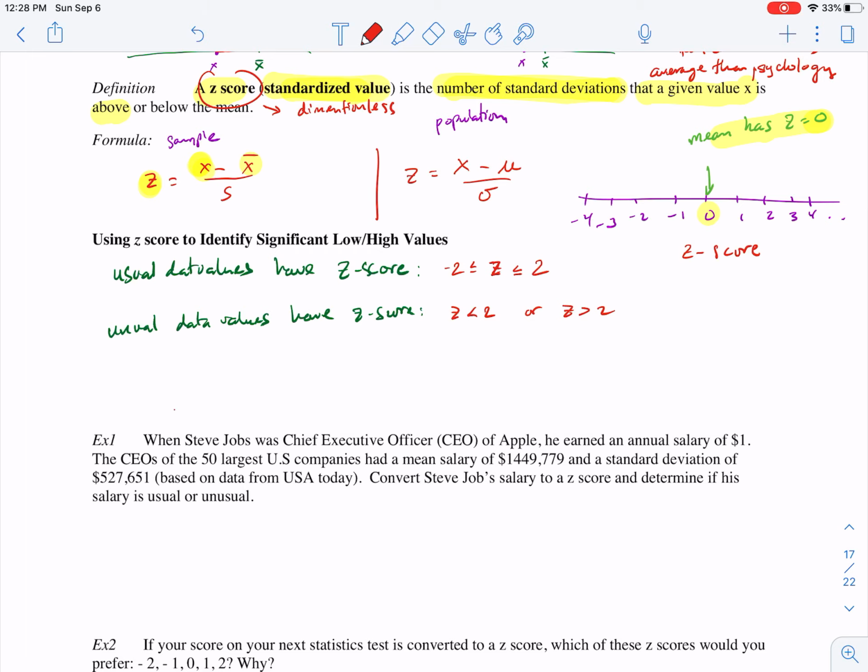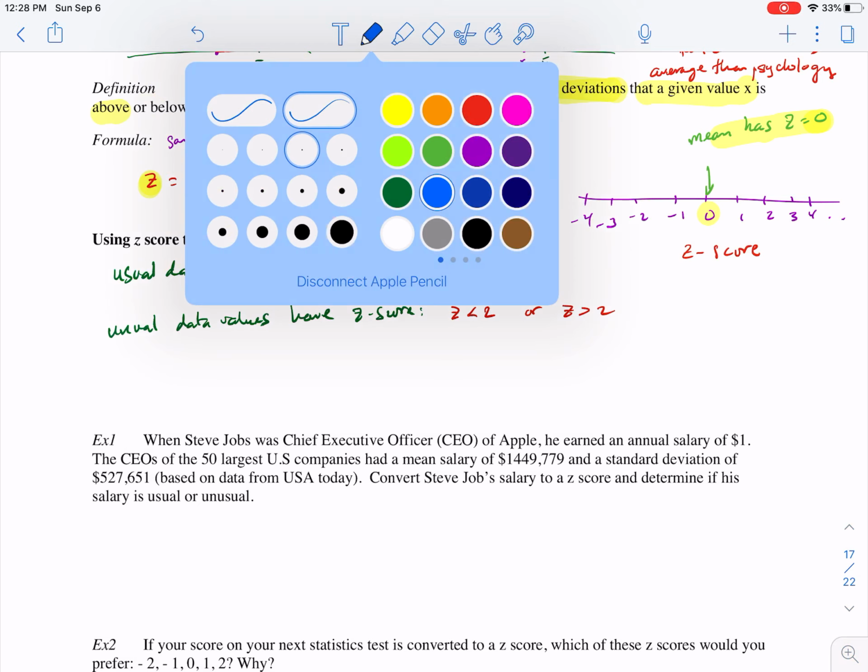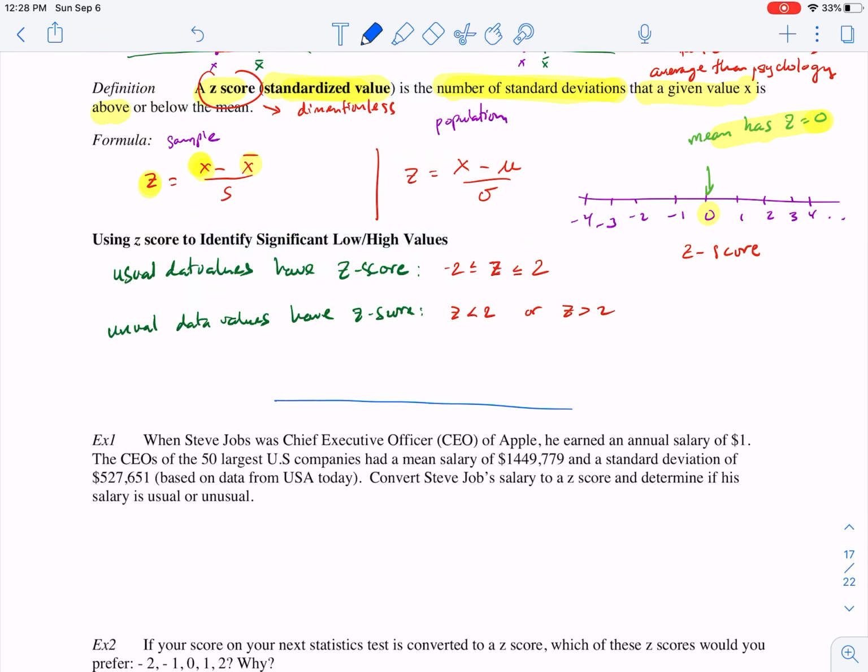So in other words, that's the range rule of thumb written this way. We have the mean at 0, which is Z equals 0, and then 1, 2, and -2.